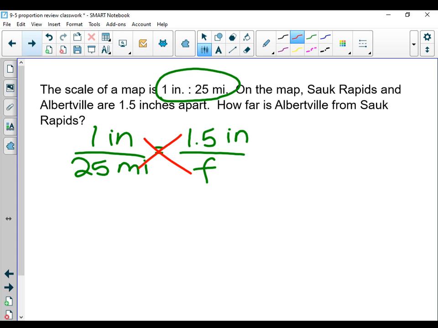So what did we multiply? 25 and 1.5. What did we get when we typed it in? 37.